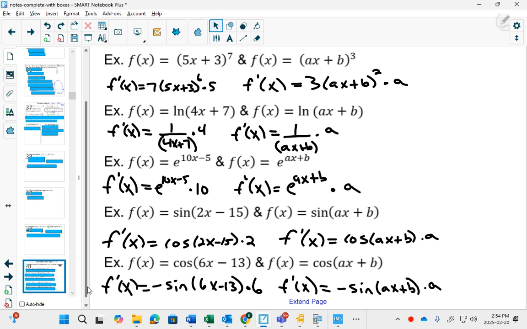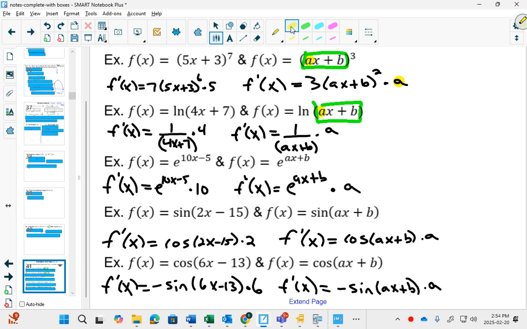I really highlight it here, I take out a highlighter, I had an a value there. With the derivative, I would have to multiply by a. Here I have an a value inside the function. And the derivative of all of this inside is just the a.